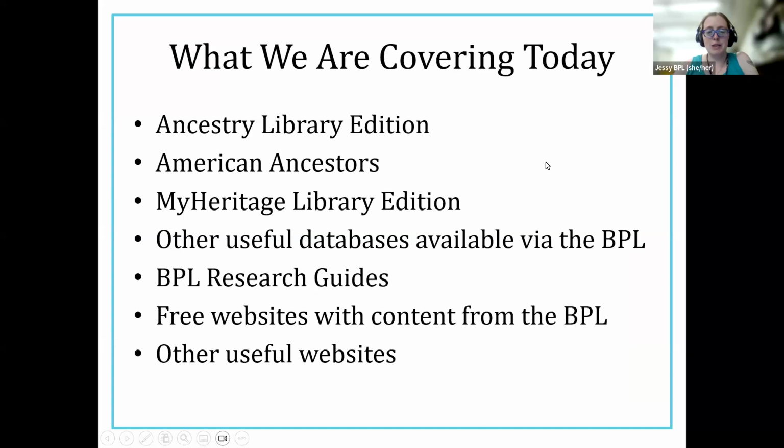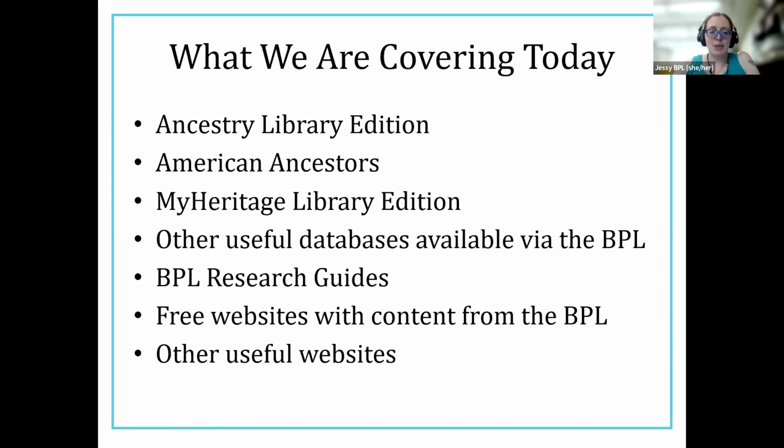So what we are covering today, the topic today, is online databases that you can access through the BPL and also some other free websites. Because we are in Massachusetts and in Boston, I will be focusing on resources you can get through the BPL. If you're joining us from another state, check with your local library.